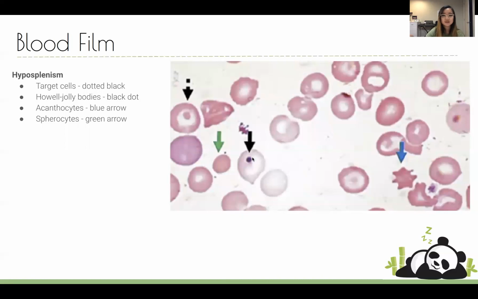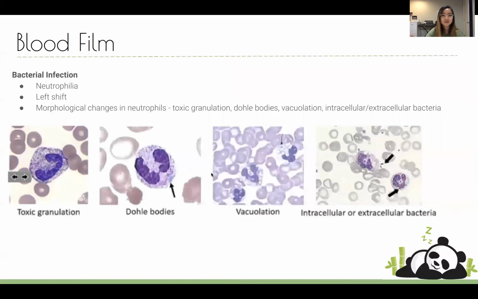Hyposplenism has these cells come up, so you get target cells, you get Howell-Jolly bodies, this one, and then you have acanthocytes, this one with the spicules, and then spherocytes. And then with bacterial infection, you need more white cells, so you get neutrophilia.